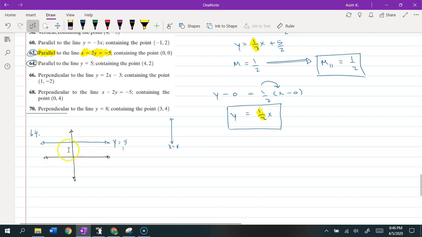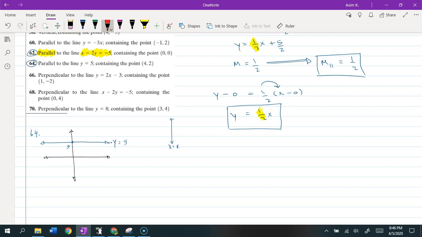And the reason why that confuses kids is because they're like, wait, I thought y was vertical and x was horizontal. Again, we're talking about a line and the equation of it, so it's kind of backwards in a sense, okay? So y is equal to 5 is the equation of this line. Not your line, but their line, okay?